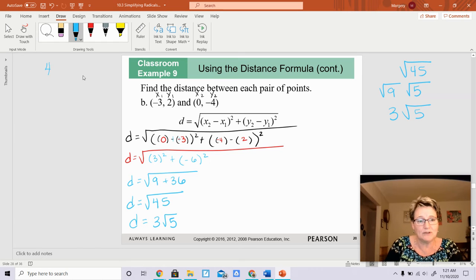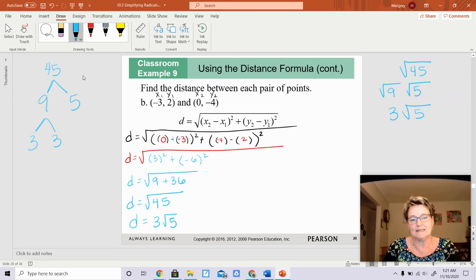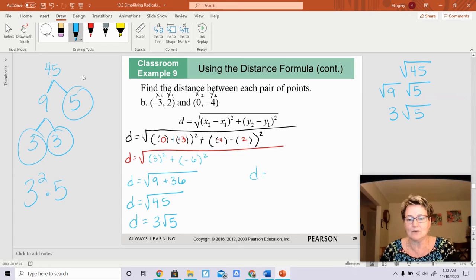Now, some people do the problem like this. They actually do a factor tree. So 9 times 5 is 45. They also know that 3 times 3 is 9. So these are my factors: 3 squared times 5. So the distance equals the square root of 3 squared times 5.